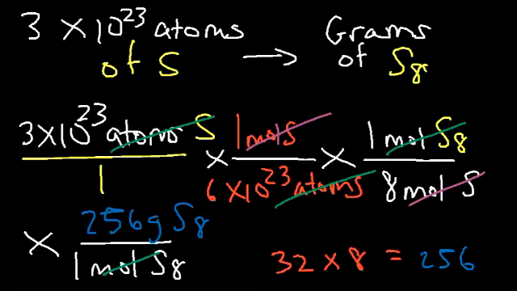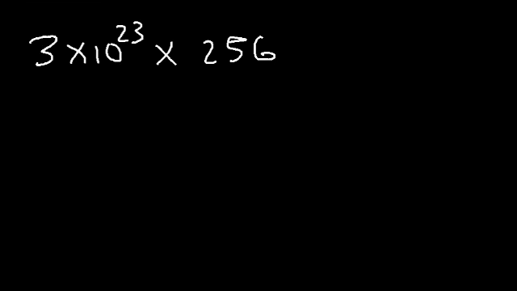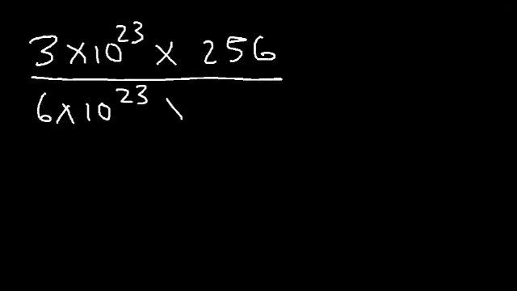So let's clear away some space. So the numbers that I had before were 3 times 10 to the 23 on top, and also 256 was on top as well. On the bottom we had 6 times 10 to the 23, and it was an 8.